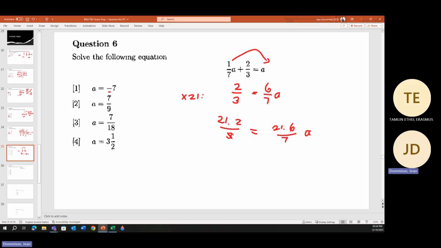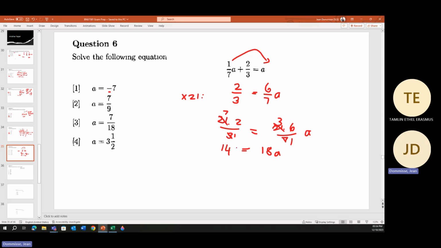So 3 goes into 3 once, 3 goes into 21 seven times. So on this side, we're sitting with 14. 7 goes into 7 once, 7 goes into 21 3 times. So on this side, we're sitting with 18a.